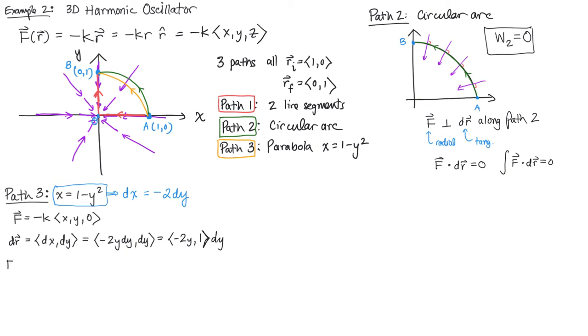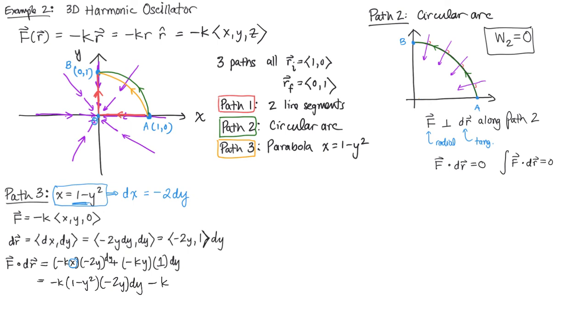So when we take the dot product of f and dr, we'll get a minus kx times minus 2y. And to that we add a minus ky times 1, all times dy. And here we can replace x with this expression, 1 minus y squared. So we get minus k (1 minus y squared) times minus 2y dy.